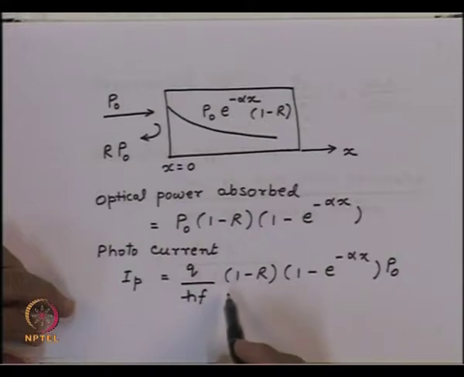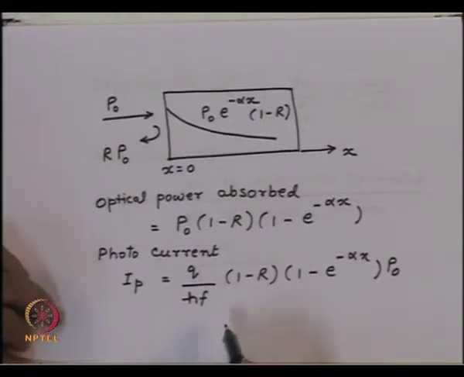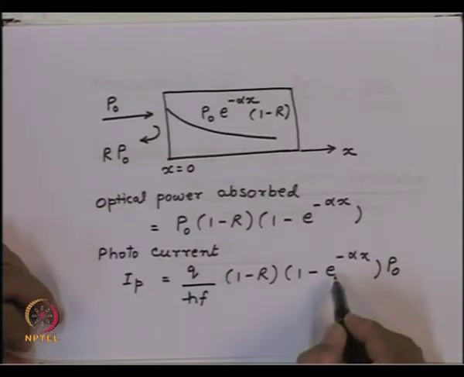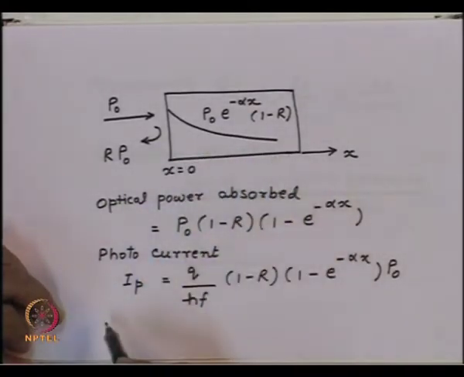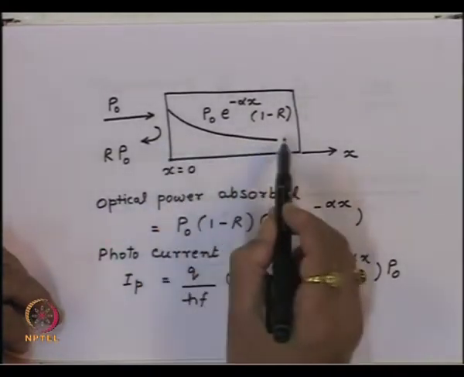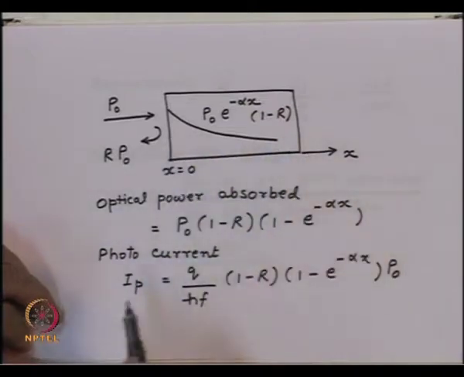Quantum efficiency in this case includes the energy which is reflected from this material, and also, since you may have a limited region for absorption of light, the entire light which is going inside the material may not be absorbed in this region.